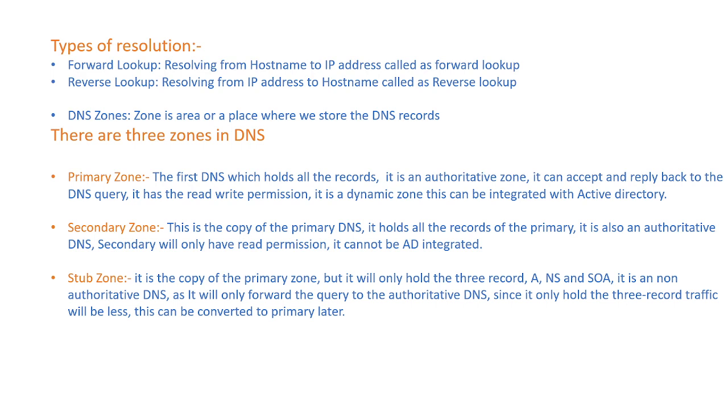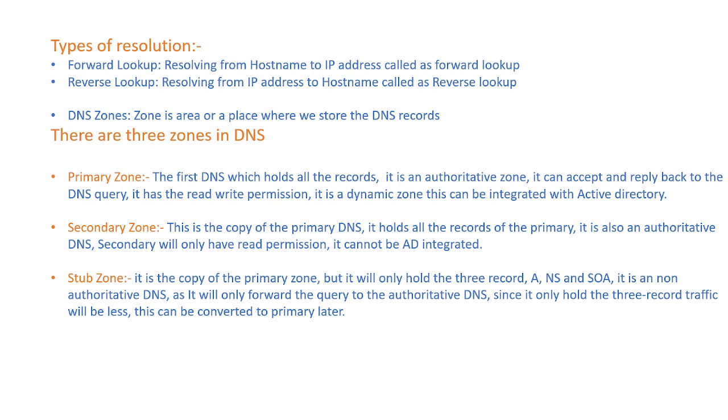They keep daily usable things next to them, and rarely usable things somewhere else. Like that, the primary zone, secondary zone and stub zone are like the shelves at home. We call them zones, where we can create the records.